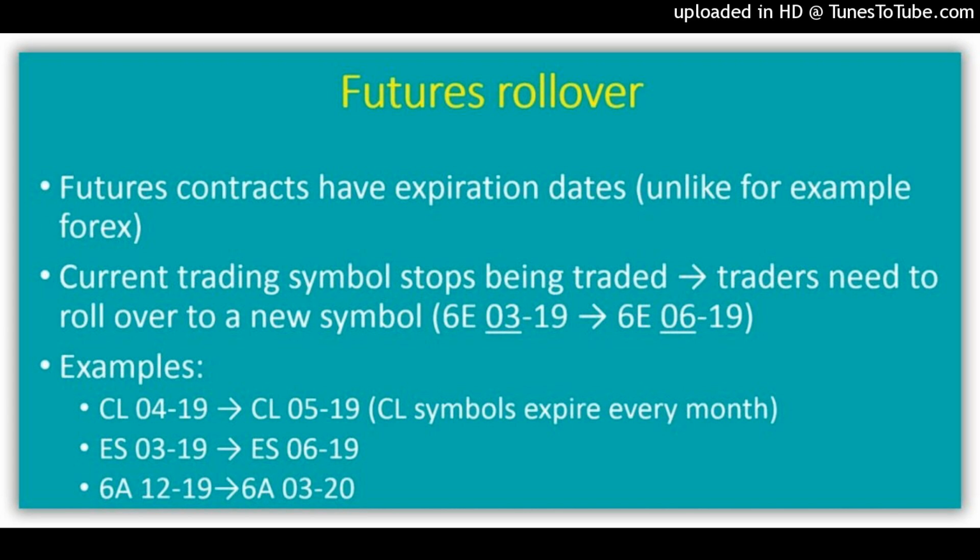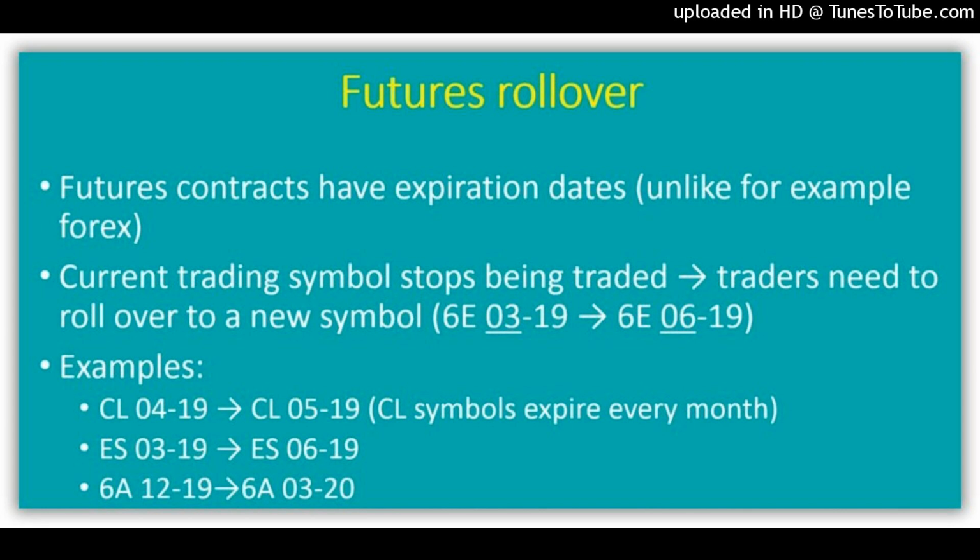Here you have some examples of the symbols and their expiration dates. So for example, CL, which is crude oil, this one expires the 4th month of 2019, and the next one you roll over to will have expiration in the next month. The crude oil symbols expire every month. In this example, this is the ES, Standard & Poor's futures, expiration after 3 months, from March to June.